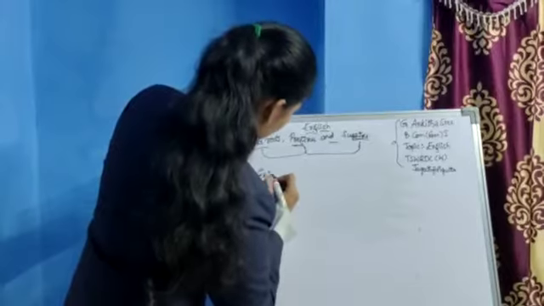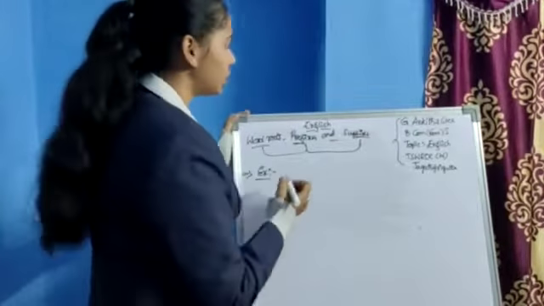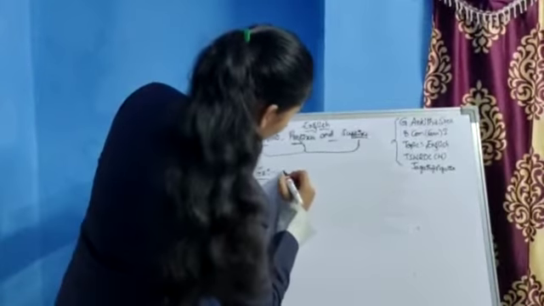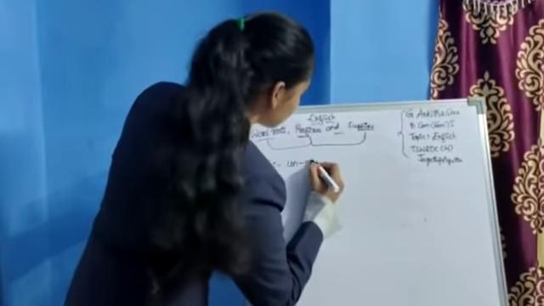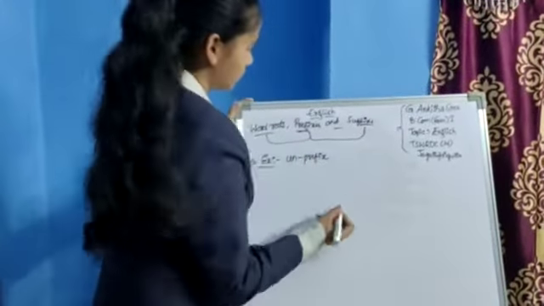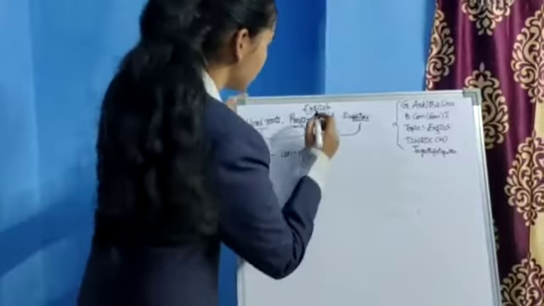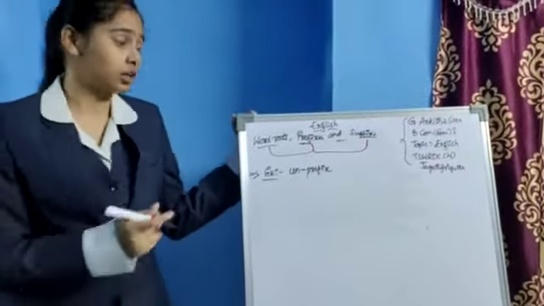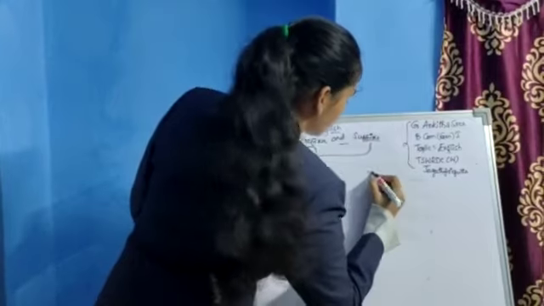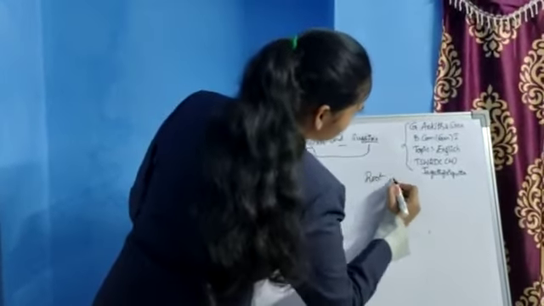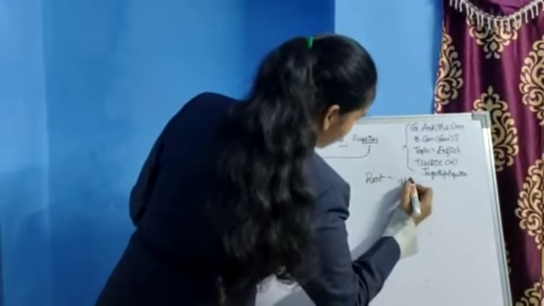For example, here is the word UN. What is UN? UN is a prefix, right? What is the example that we took for the word root previously? That is able. So let us go with the root word able.